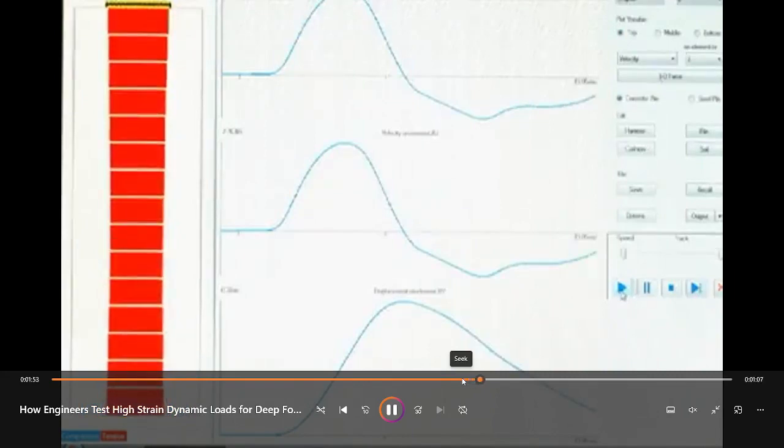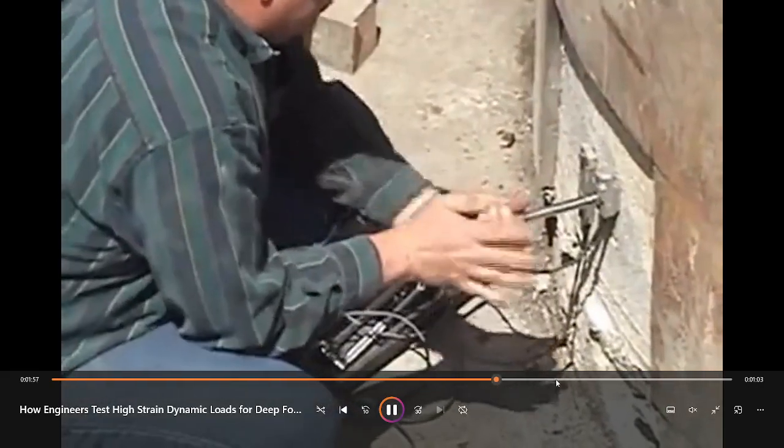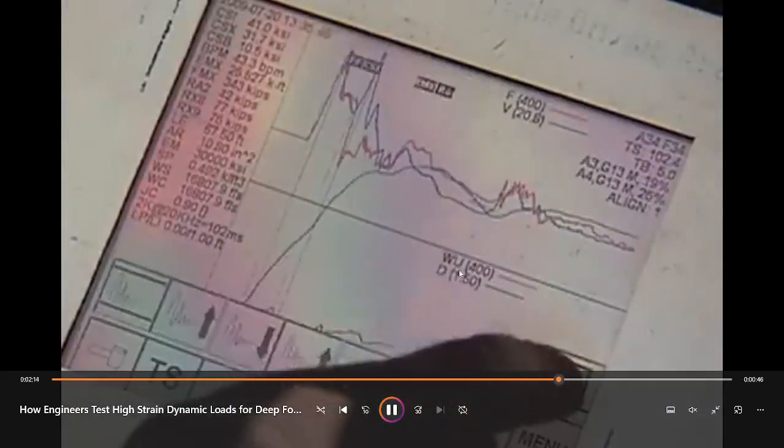So that was the pile driving analyzer, and there we are getting the waves. This one is the acceleration and the strain sensors.